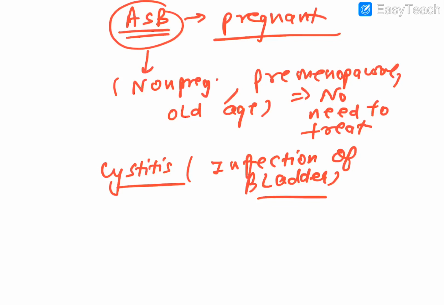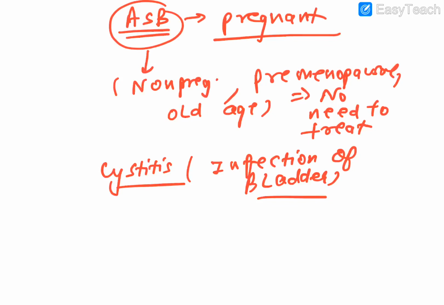And sometimes, remember guys, hematuria can also happen, and that is an important entity: sometimes hematuria can also happen in the case of cystitis. So guys, remember in cystitis you have all those features, along with that, hematuria can also happen sometimes.